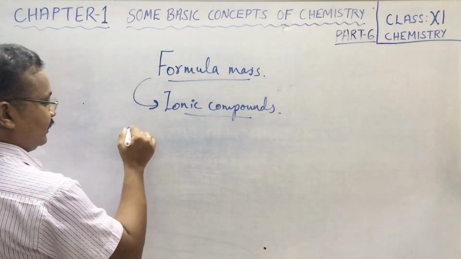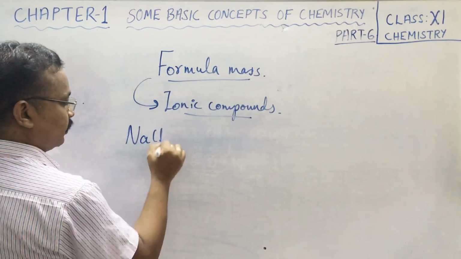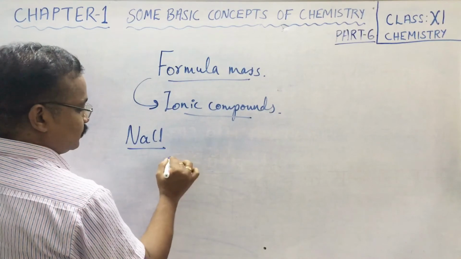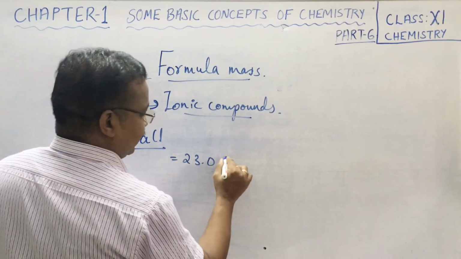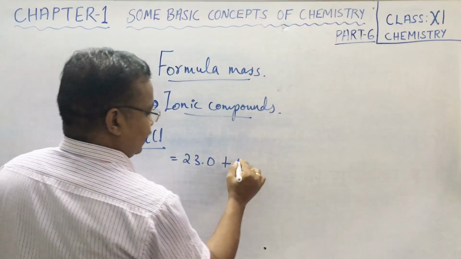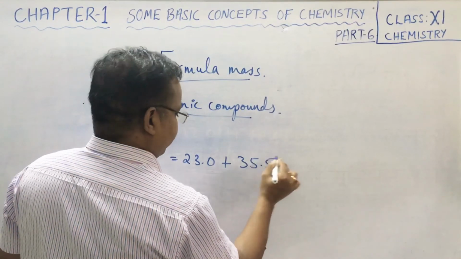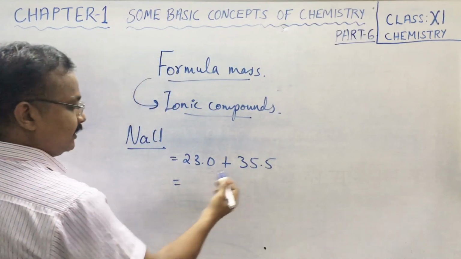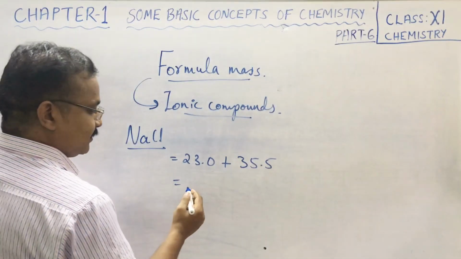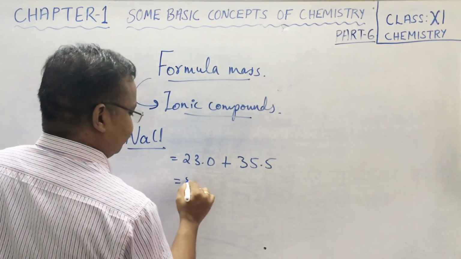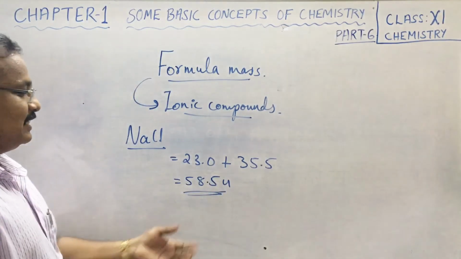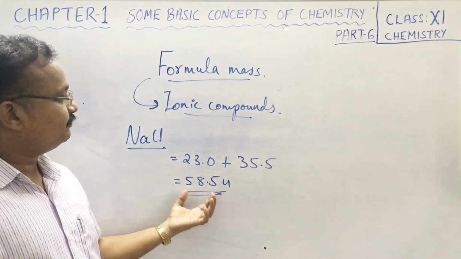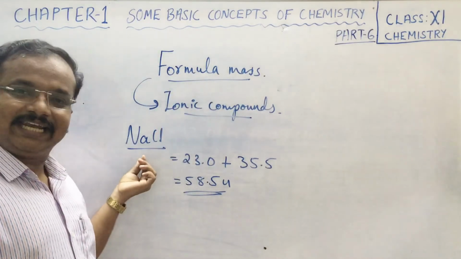If you take an ionic compound like sodium chloride, the mass of sodium is 23.0, correct? And the mass of Cl is 35.5. When you add these two, you get 58.5 U. So this is the formula mass of NaCl.